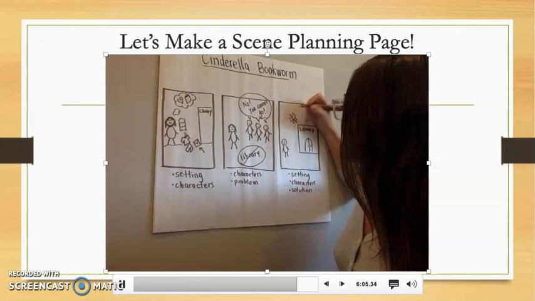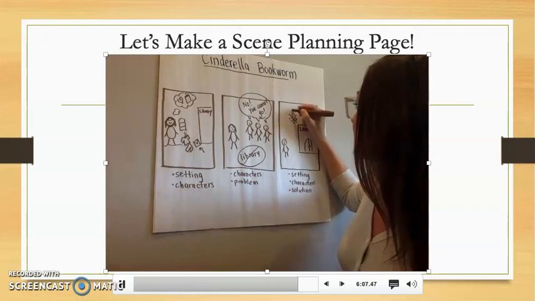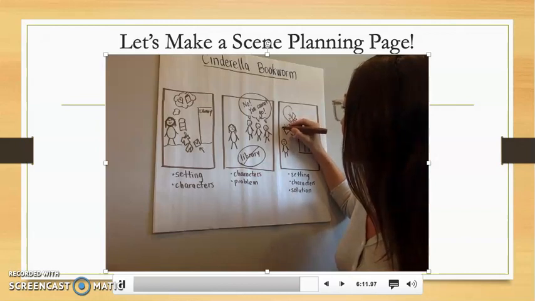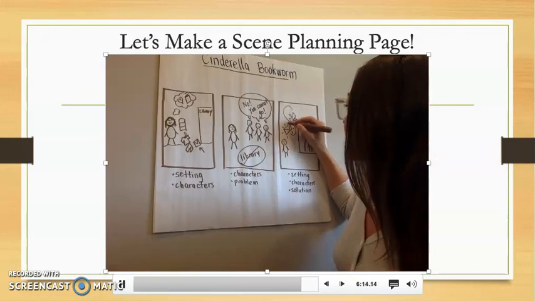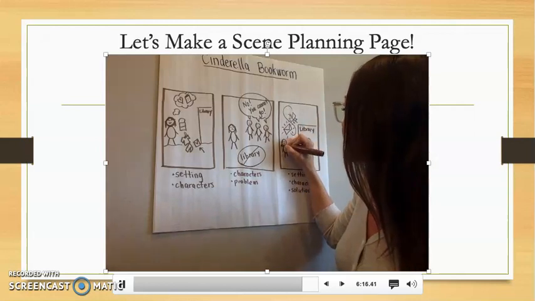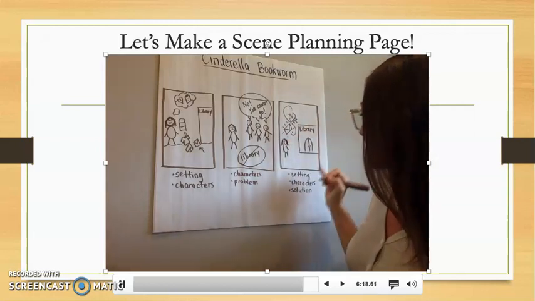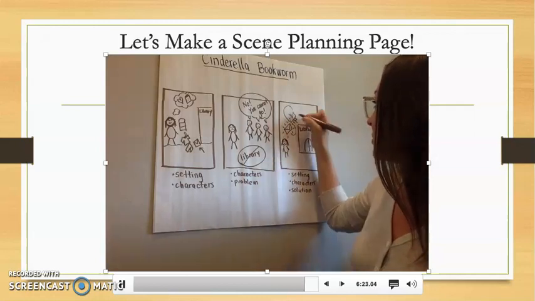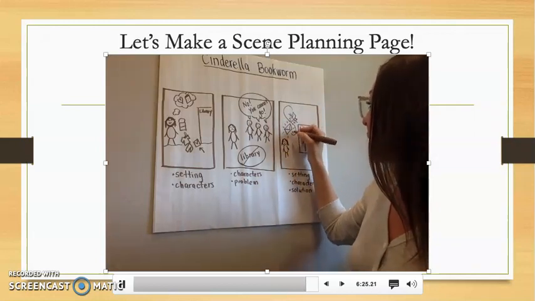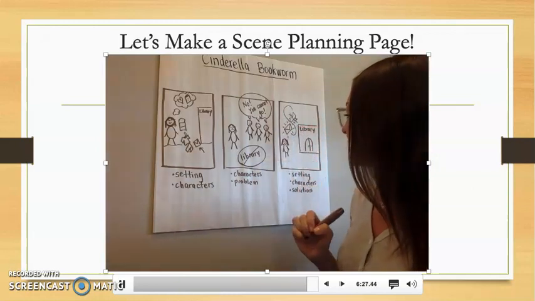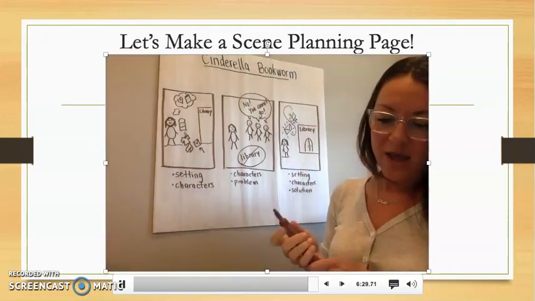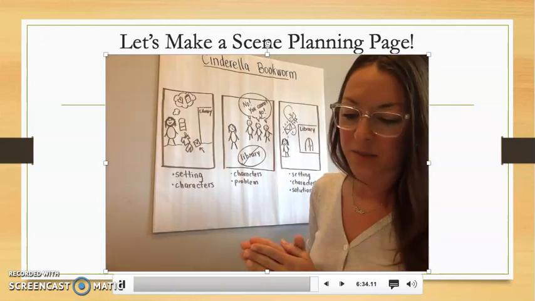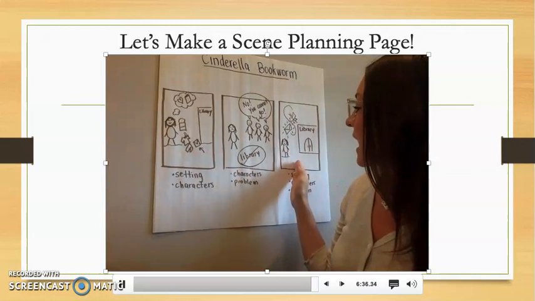And she's going to magically make her a new invitation to go to save the library. Okay, and I have my characters, my setting, and my solution, which is going to be the book fairy giving Cinderella a new invitation.